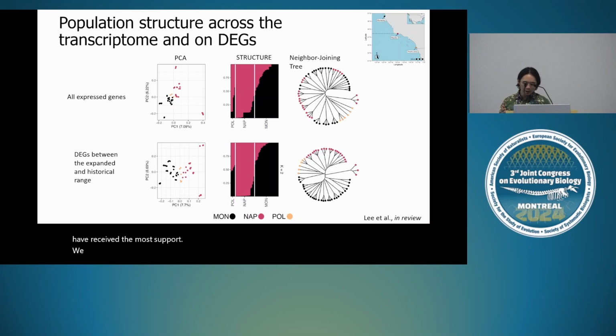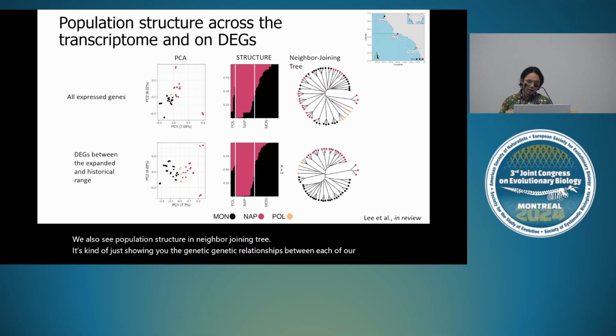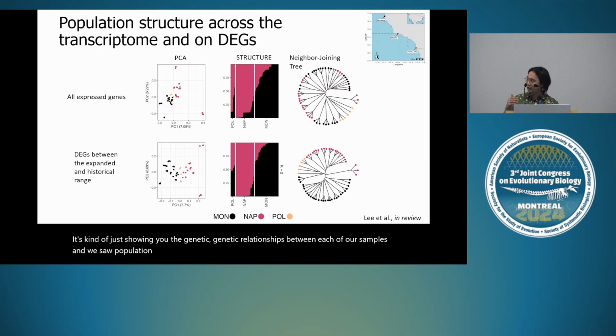We also see population structure in the neighbor-joining tree, which shows the genetic relationships between each of our samples. We saw population structure both in the differentially expressed genes and in SNPs across the transcriptome.